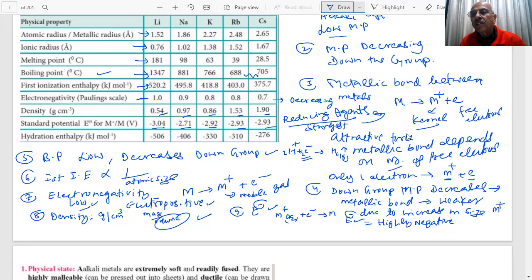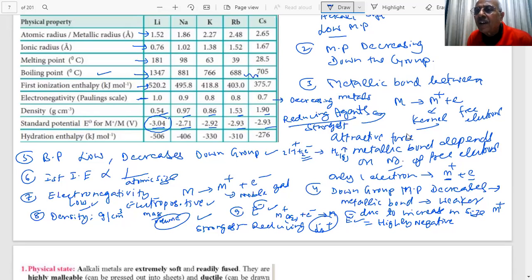They have very high values. You can see that the strongest reducing agent is Li plus, maximum. Which is the strongest reducing agent? Li plus. Why?